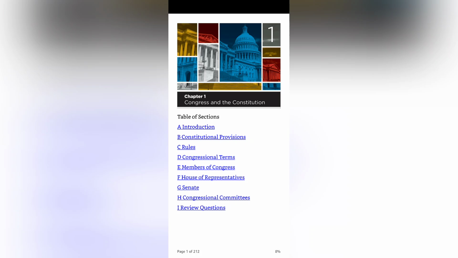The framers gave the power of the purse, as Elbridge Gerry referred to it at the 1787 Convention, to Congress, specifically to the House of Representatives. Madison wrote in Federalist Papers, number 58, the House of Representatives cannot only refuse, but they alone can propose the supplies requisite for the support of the government.